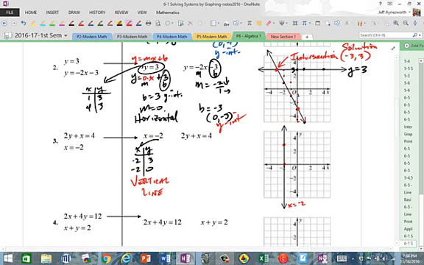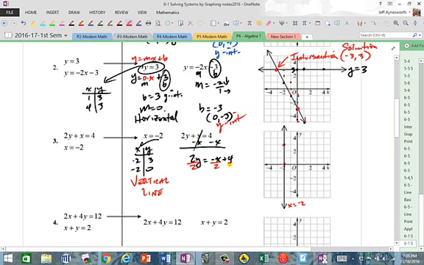Now for this one, you can grab two points, you can use intercepts to graph it, or you can solve for y. If you solve for y, go ahead and subtract x. Negative x plus 4 is the same thing as 4 minus x, just a different order. Divide by 2, because the inverse of multiplying by 2 is dividing by 2.